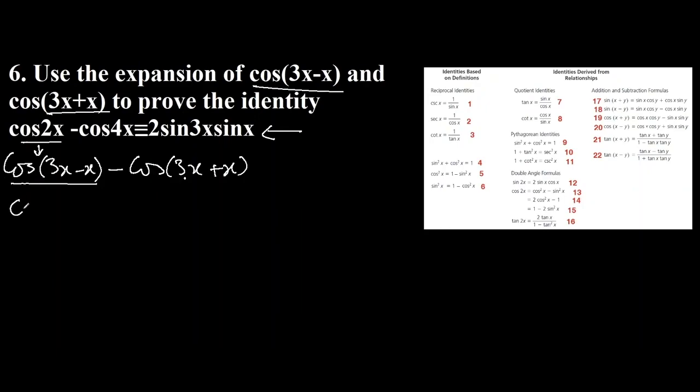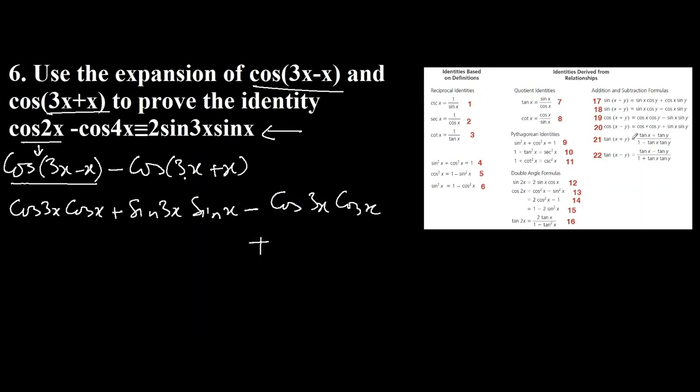It will be cos 3x cos x plus sin 3x sin x, right, minus cos 3x cos x plus, there is a negative in the identity.